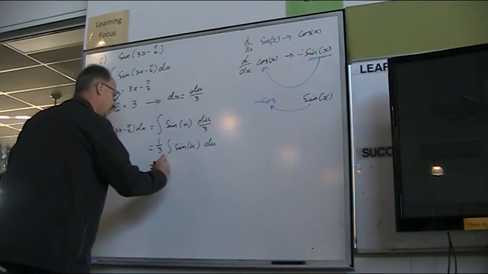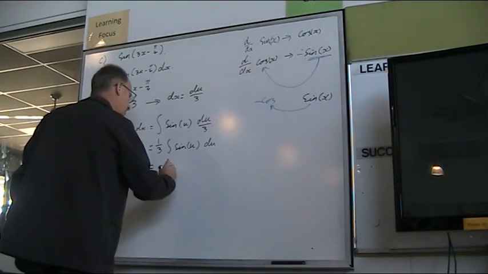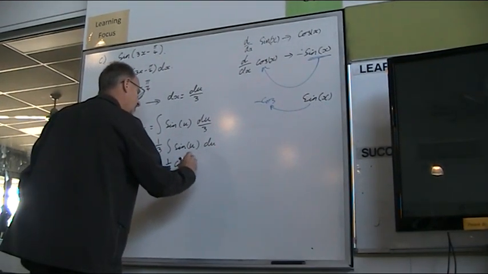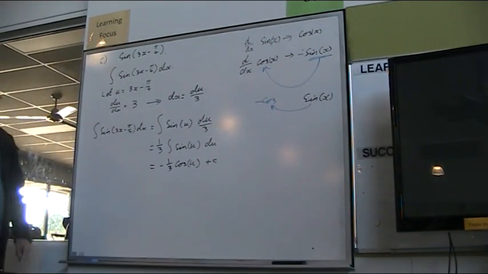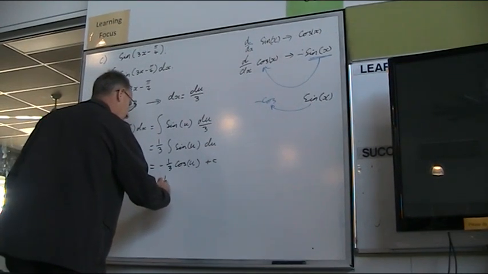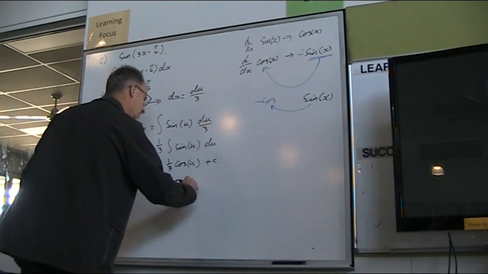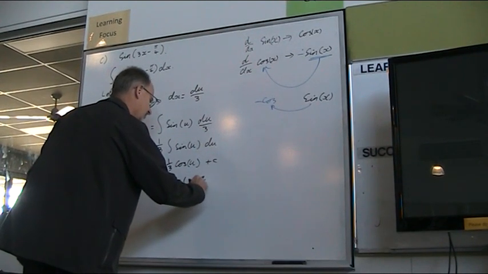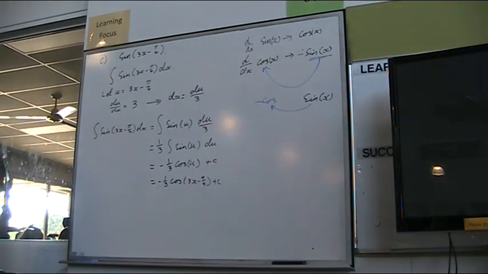I'll put there's the negative, put it out the front. 1/3 cos u plus some constant, and make my substitution back, which was 3x minus pi on 4. All right, questions about that one?